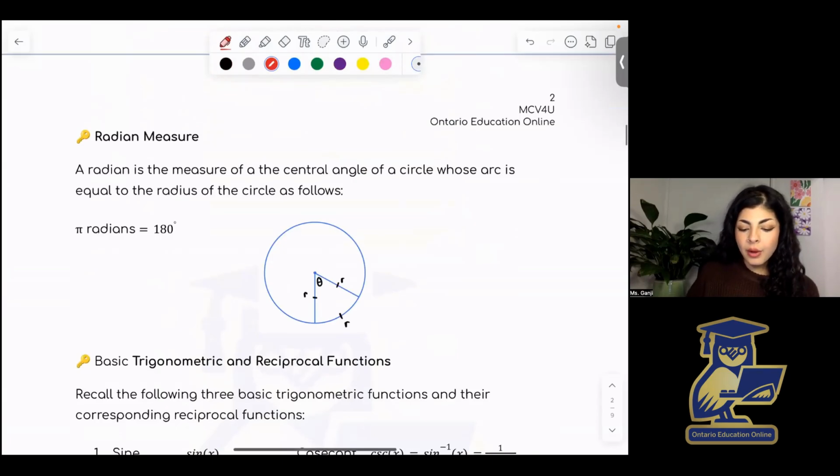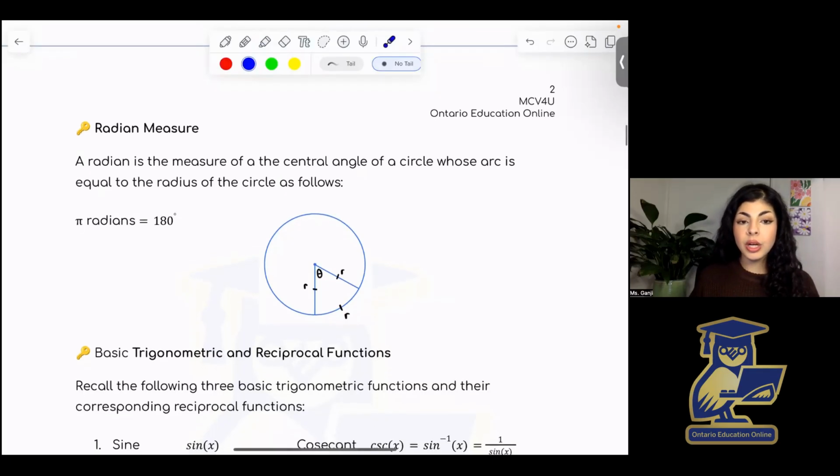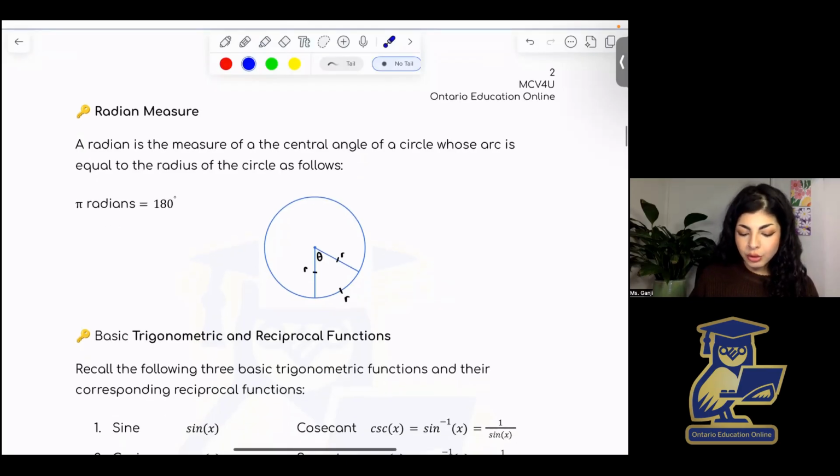Now, before we get into derivatives of trigonometric functions, we're going to do a bit of review for trigonometry. The radian is an important concept to know here. A radian is the measure of a central angle, for example our angle theta here, where the arc is equal to the radius of the circle.